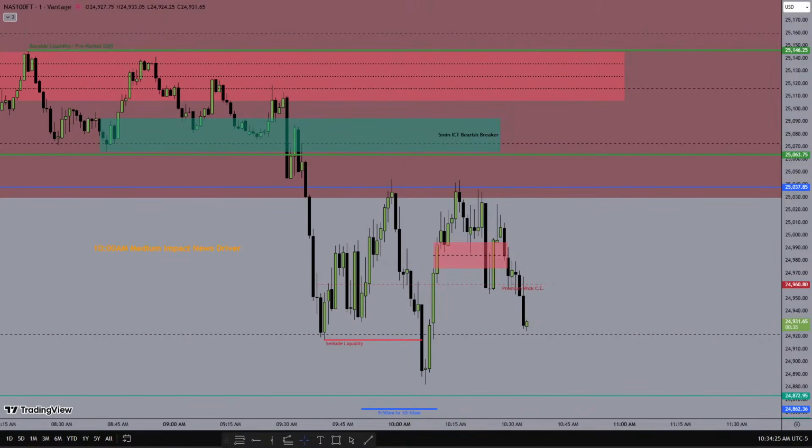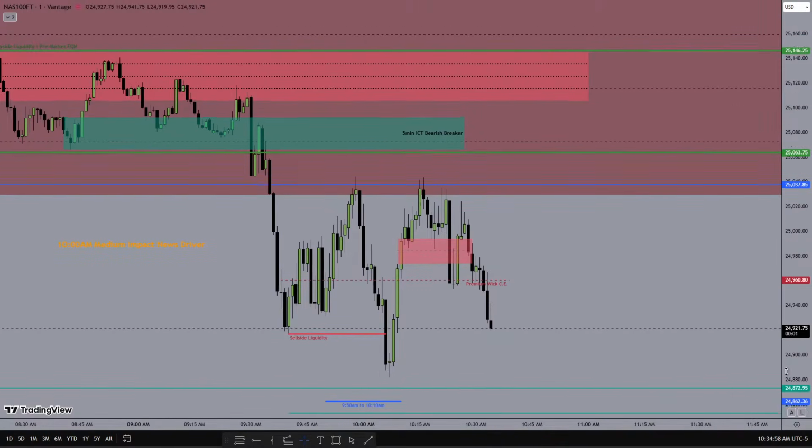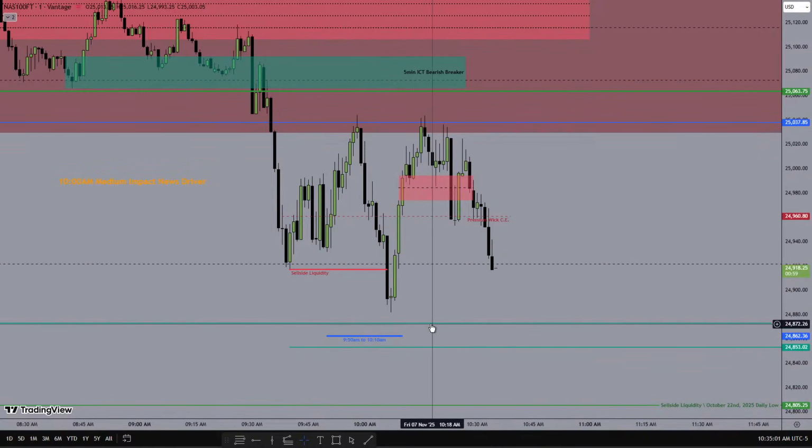Right past below it now. This is that refined rejection block below this.